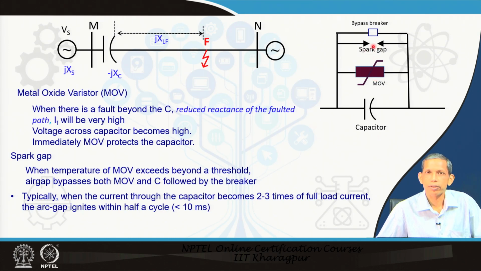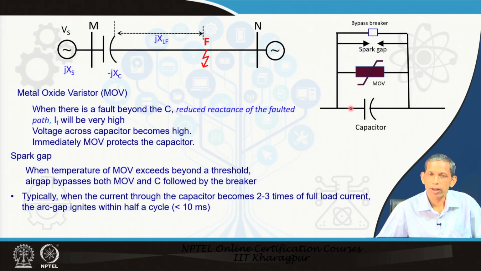We have a controllable spark gap, and then we have a bypass breaker. Now, what happens in this case? This is the line to which the capacitor is connected. If this side is source and there is a fault here in the network, then the fault loop reactance becomes significantly low because of this minus j X_C, and that is why the current becomes very high.